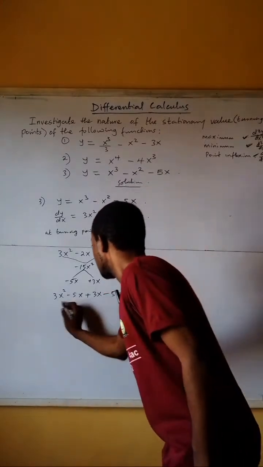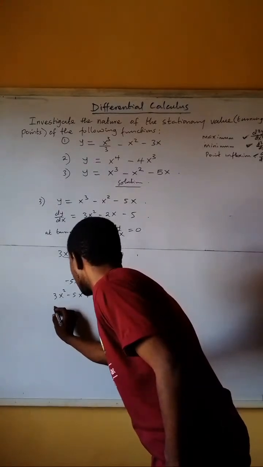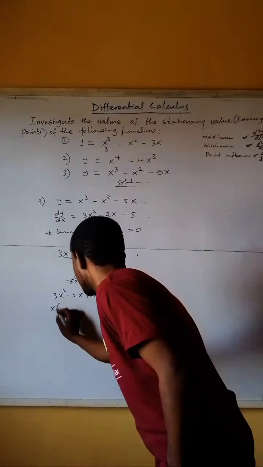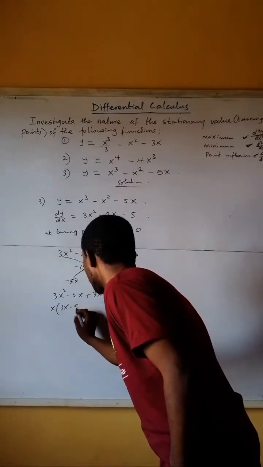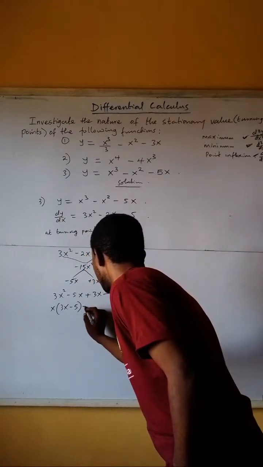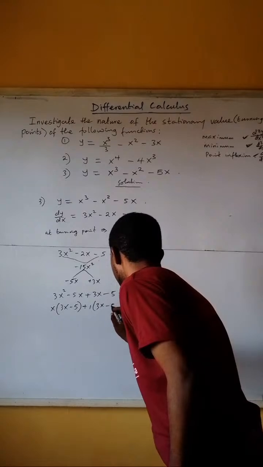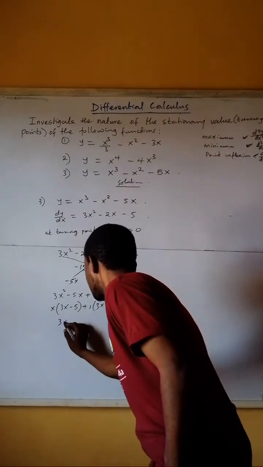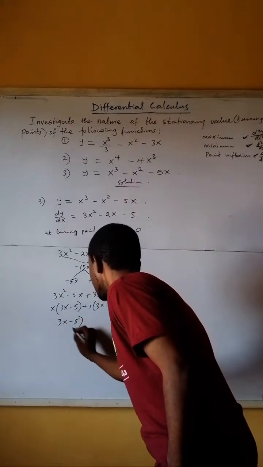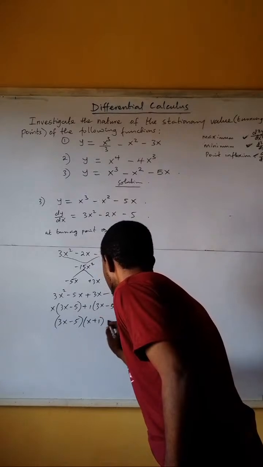Then what is common between these two? We have x common. So what is left here? That's 3x minus 5 here. Then plus 1 common here. That's 3x minus 5. Then equals 0. So here we have (3x minus 5)(x plus 1) equals 0.